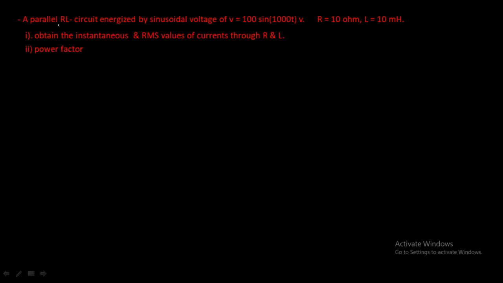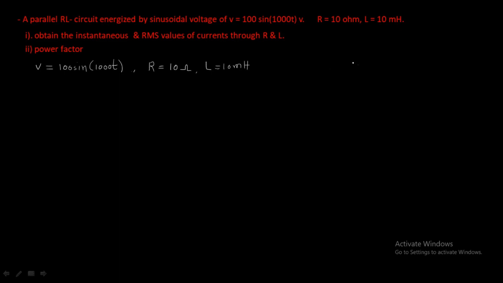First write down the given data: voltage V equal to 100 sin 1000t, and this is a parallel circuit. R value is 10 ohms and inductance L value is 10 millihenry. That's why it is better to draw the parallel RL circuit.